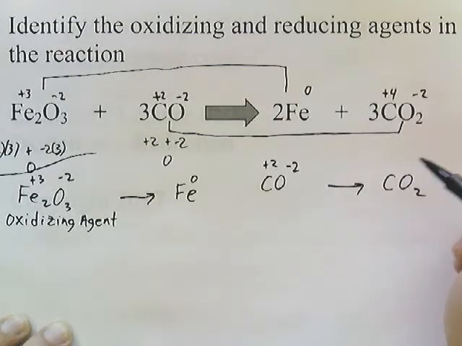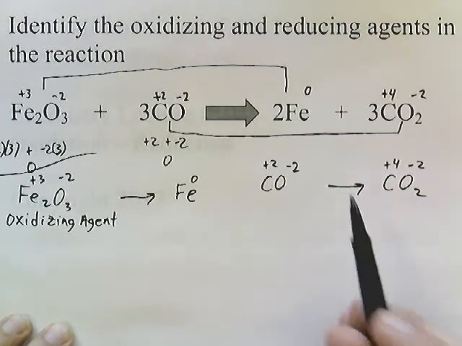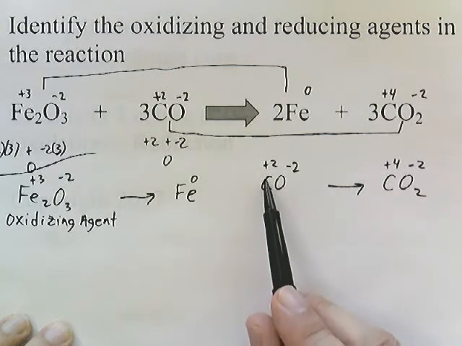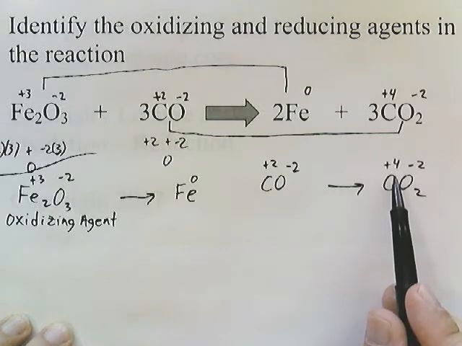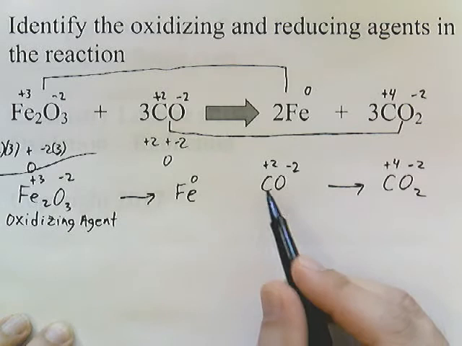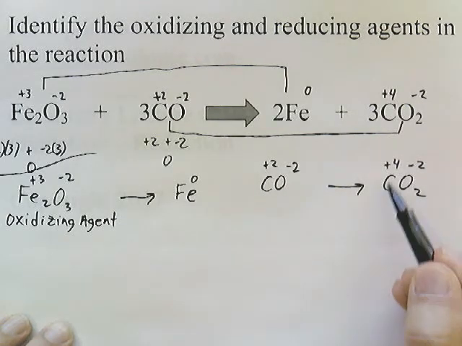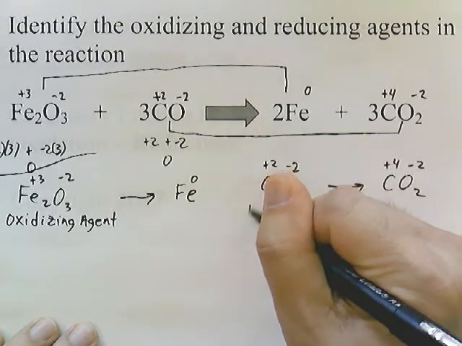And this is going to be +4 and -2. So you notice that the carbon in CO right here changes its oxidation state from +2 to +4. So the carbon atom has gone from +2 to +4. Atoms gain positive charge when they lose electrons. The CO is the reducing agent. It's donated electrons to the iron atom. So this is the reducing agent.